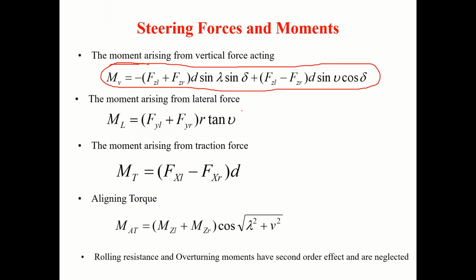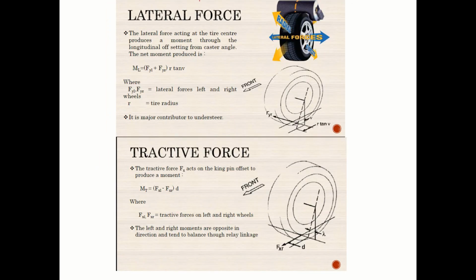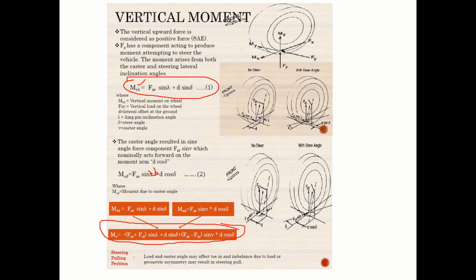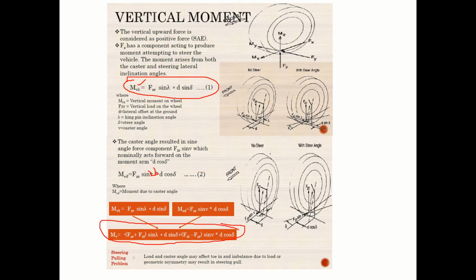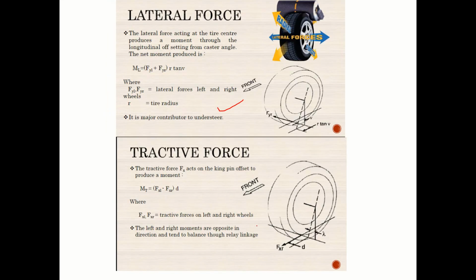Similarly, the moment arising from lateral force. Now you look at these slides and you can get the moment due to lateral force. Again, for the moment due to traction force, you will get it from here.